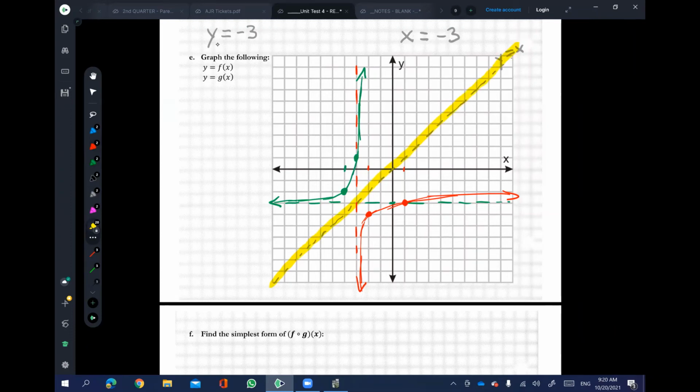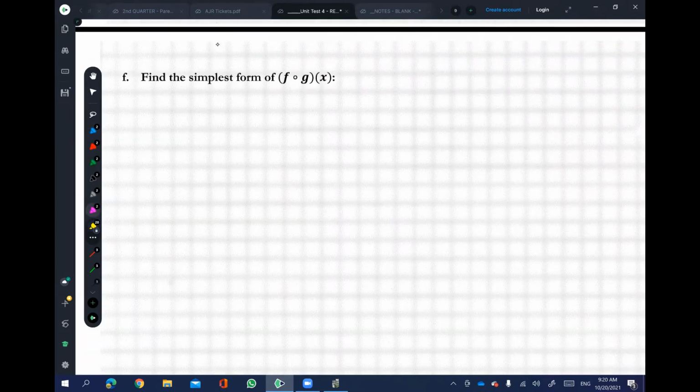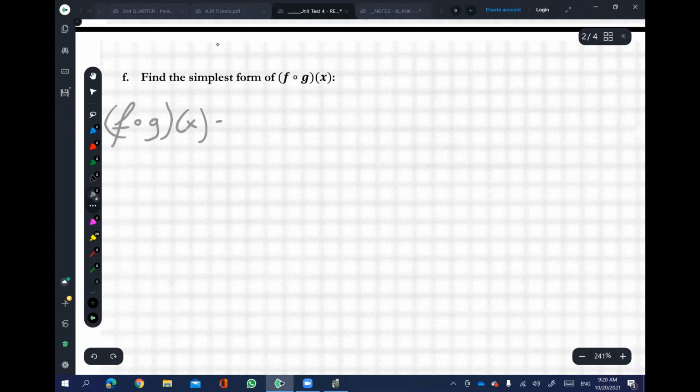They are inverse. So if you compose those two functions, f circle g of x, I should at the end find just x.